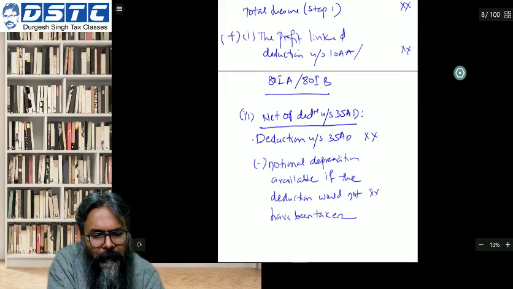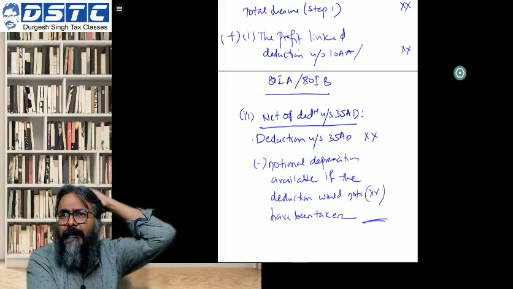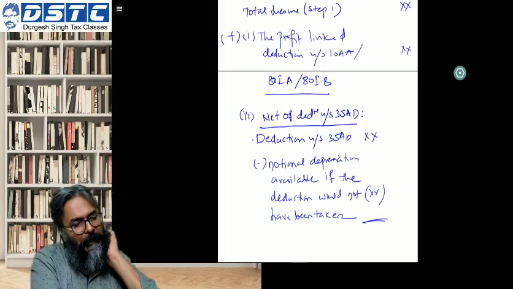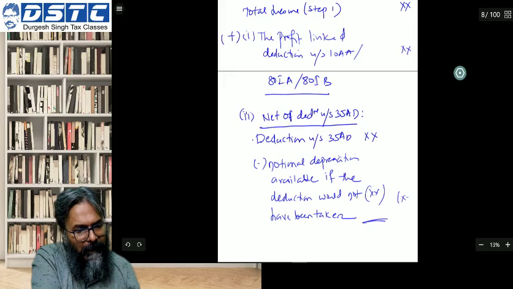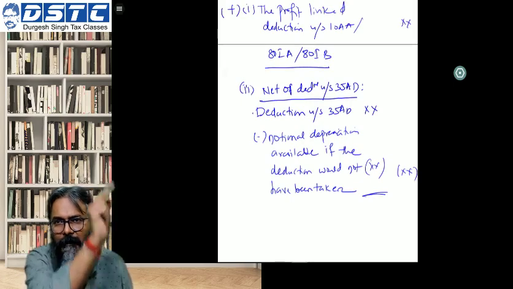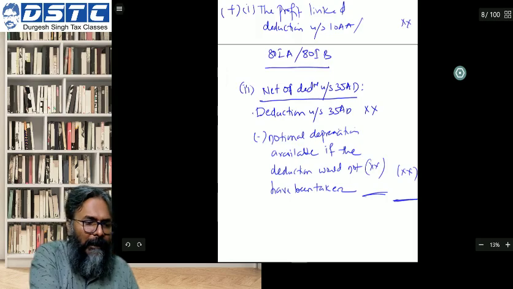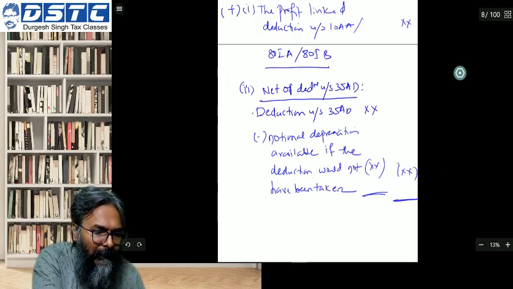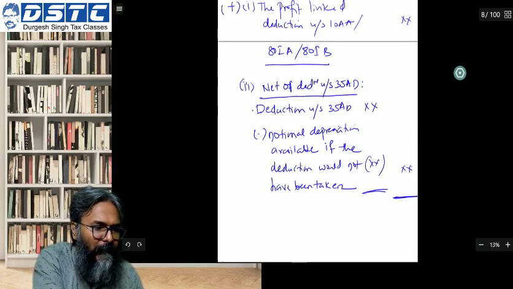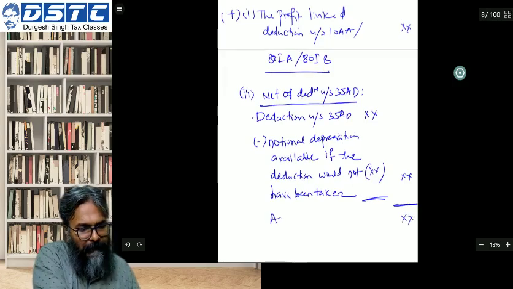So same thing, students, if you remember the deemed income, the way we prepared a deemed income yesterday in 35AD, on similar lines you will prepare this notional depreciation, and then you will reduce this notional depreciation from that deduction, and that net deduction is what will be added. These two are added: one is the profit linked deduction and the net deduction of 35AD. This will result in adjusted total income.